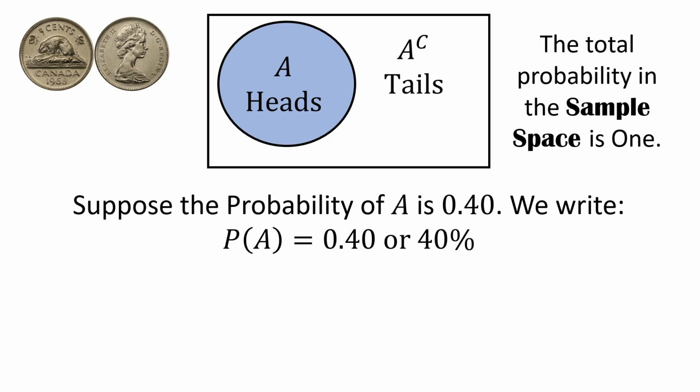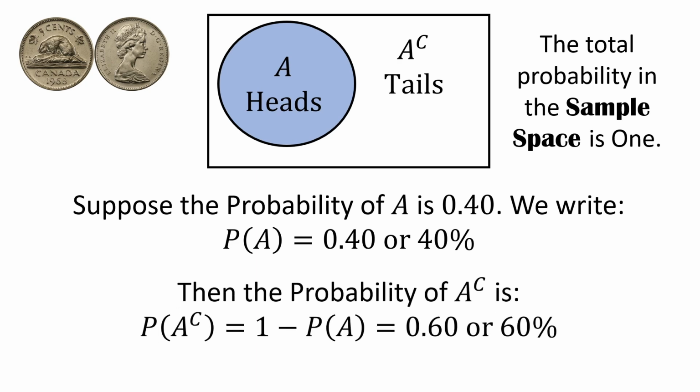The total probability of all events is 1. So if the probability of A is 0.4, the probability of A complement must be 1 minus 0.4. In other words, 0.6. Right? So probability of A plus the probability of A complement adds up to 1. The total probability in the sample space is always 1.